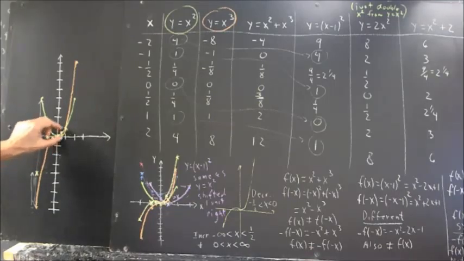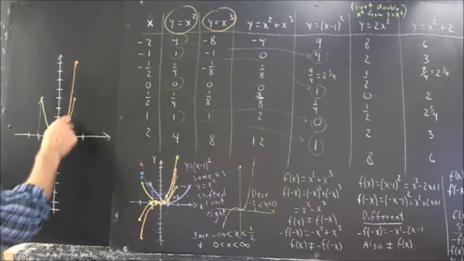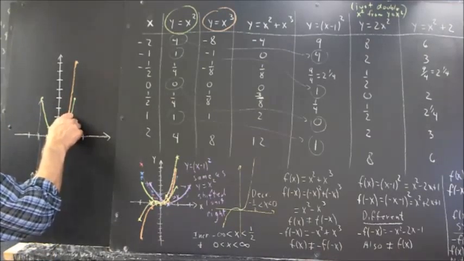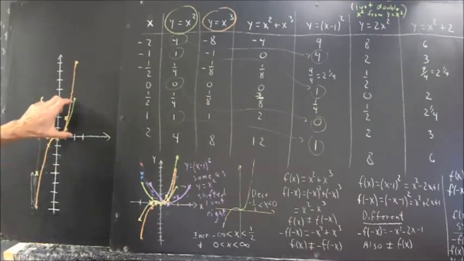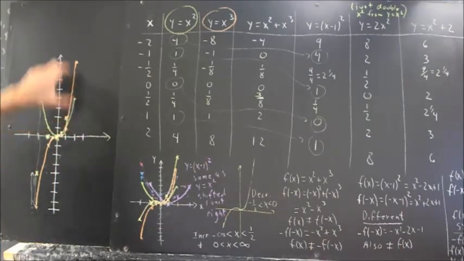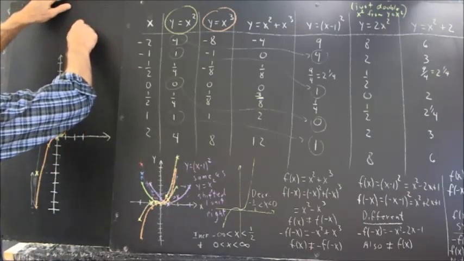When x equals 1, both the x cubed and the x squared functions have the same value, so we add that value to itself to get the value of our x squared plus x cubed function. And then we do the same thing here. We have this value, which we've got to add to this value, giving us a point way up here.